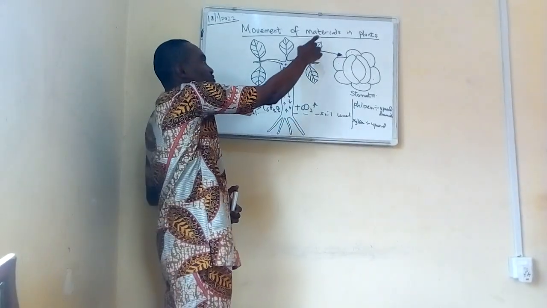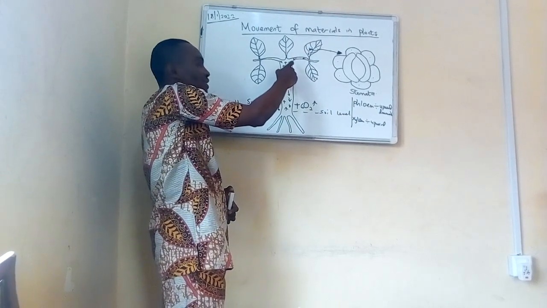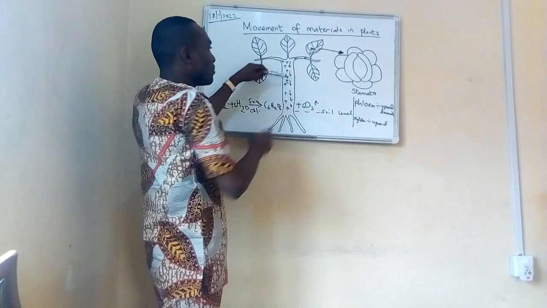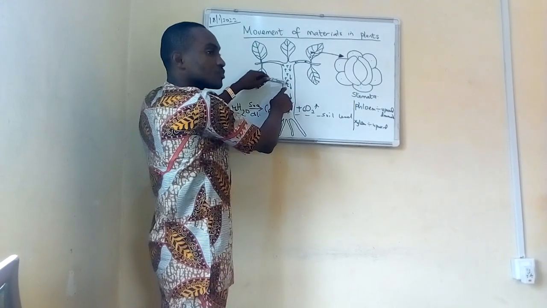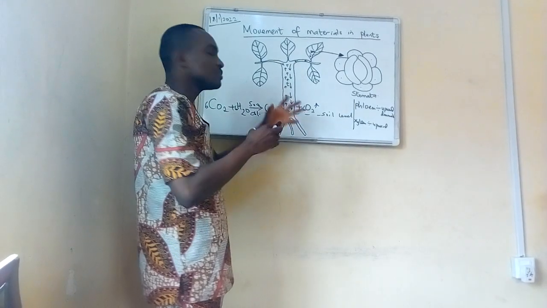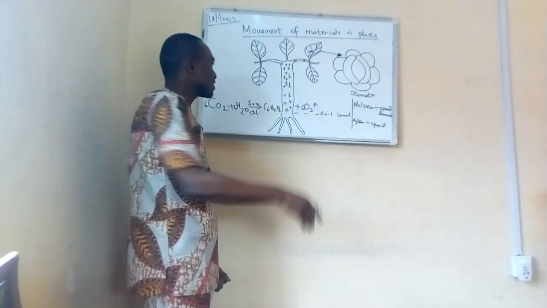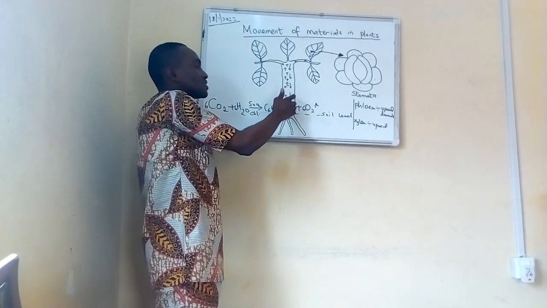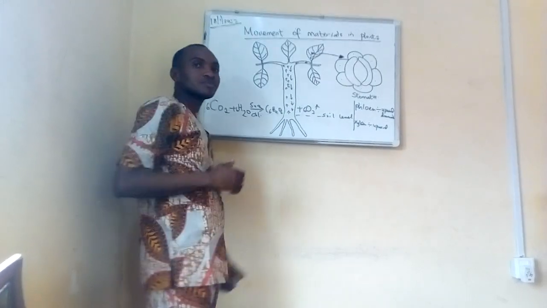The materials move from the leaf to the branches, then to the stem. So in the stem, the manufactured food can be mixed with the water coming from the roots to form what is known as a solution. So when a solution is formed, the material can either decide to go downward or go in a reverse manner by going upward.